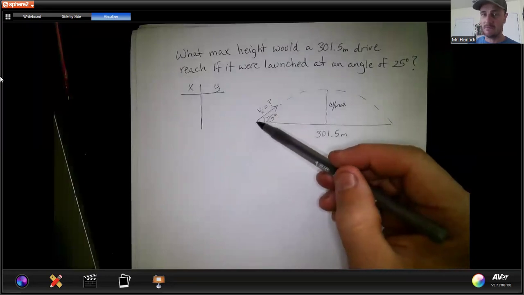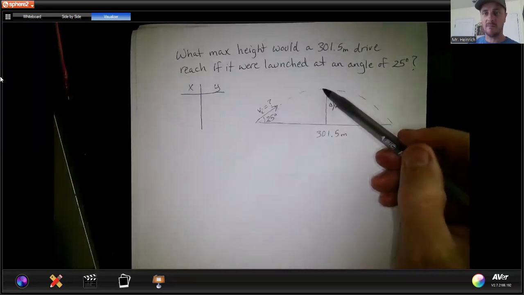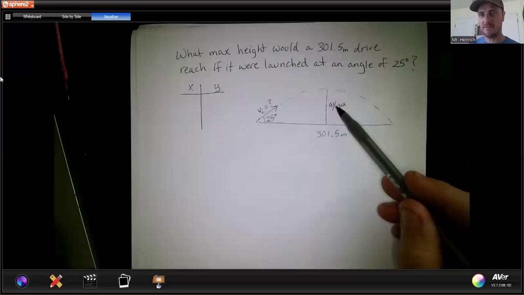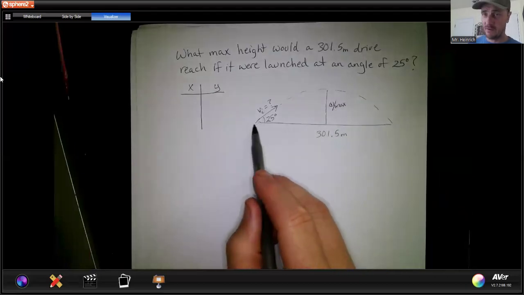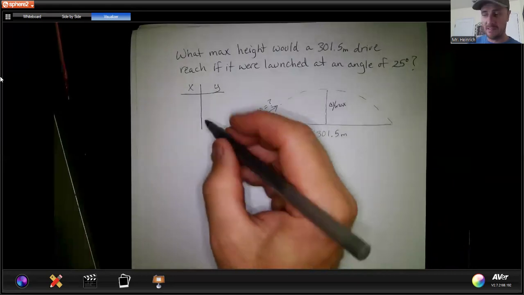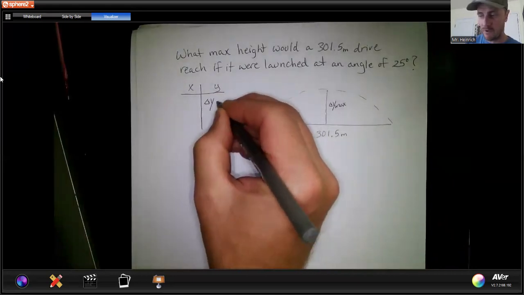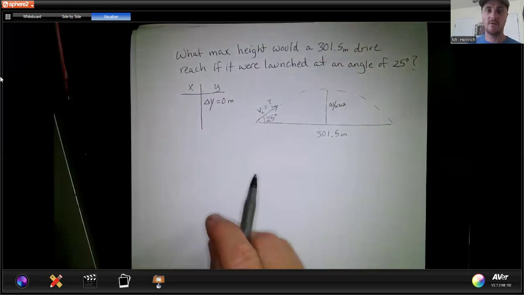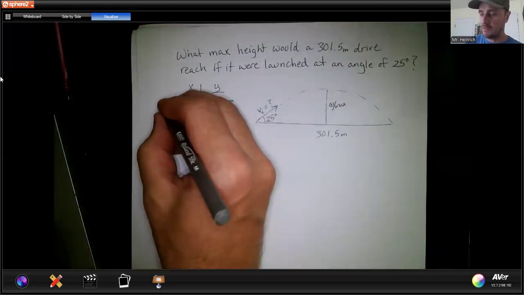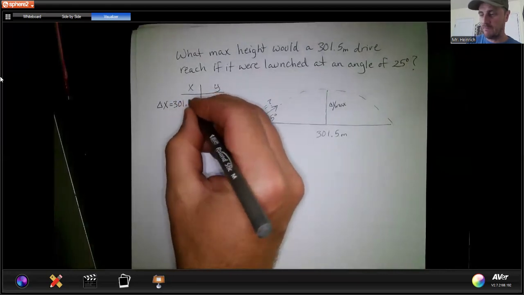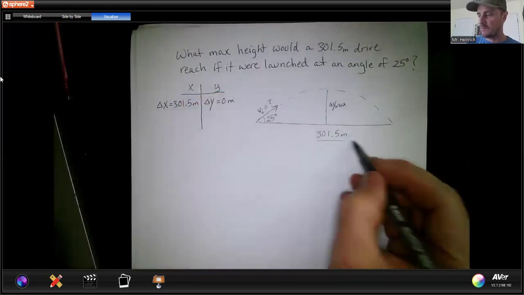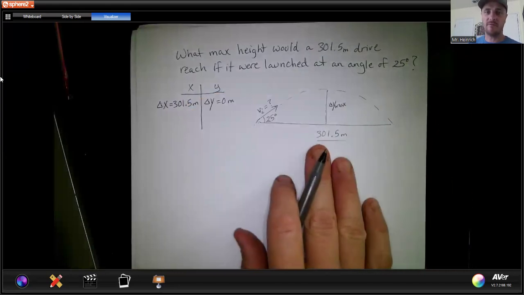Yes, I do climb and my height goes up, but then it starts to come down. And what is the definition of displacement? It's a change in position. If I start on the ground and I end on the ground, I did not change overall my y position. So it's zero. And delta x is actually given to me as 301.5 meters. A lot of times that's what they're asking us to find, but here they provide it for us.